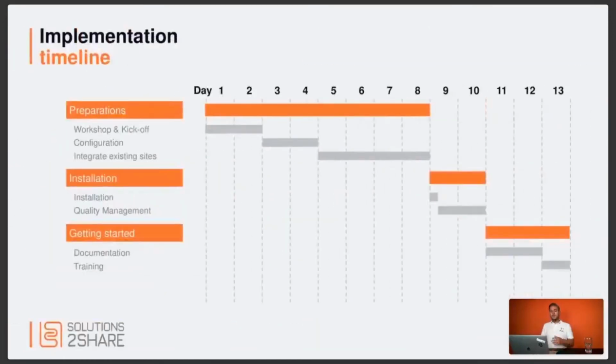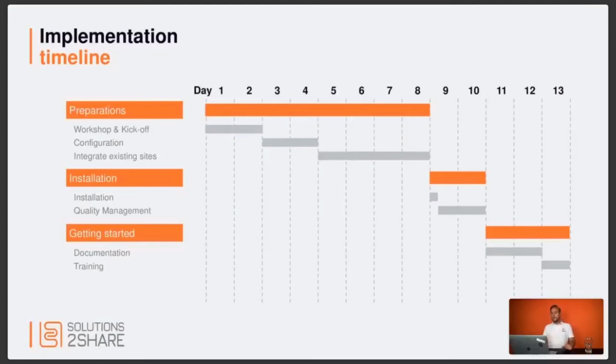And if you start with your SharePoint 2019 project right now, or if you want to integrate it, we have an implementation timeline. So normally we are ready in 2 weeks. If you start from scratch, you don't need the existing site integration. So we have a small workshop. We identify what you want to do. We define the configurations we have to do in the installation.